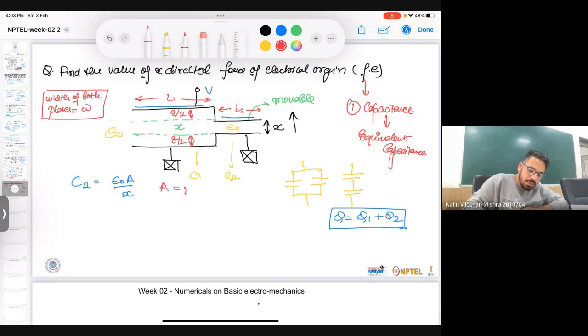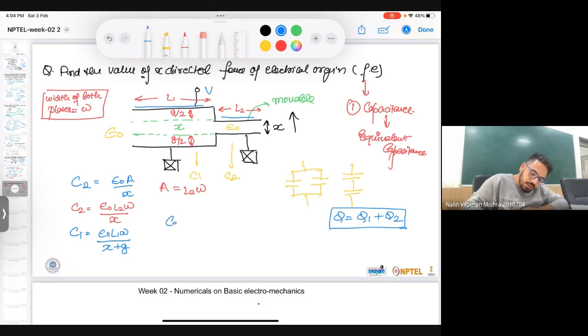Area will be L2 times W. So C2 is epsilon L2 W by X. And what about C1? C1 will be epsilon naught L1 W by X plus G.